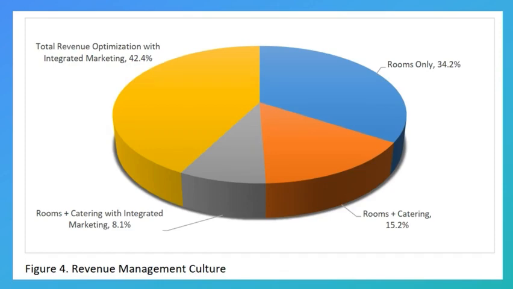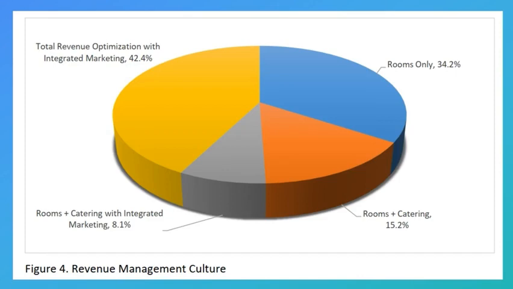So the most basic answer would be rooms only, right? About 34% of the total respondents said that they are doing rooms only revenue management. And 2018 is right before COVID, right? Right after COVID, these things have not changed and have not improved at this point.